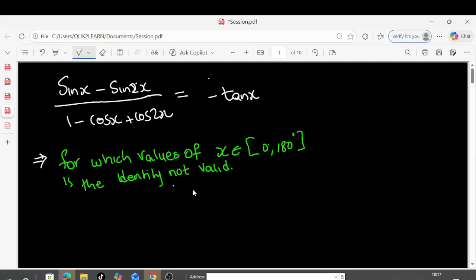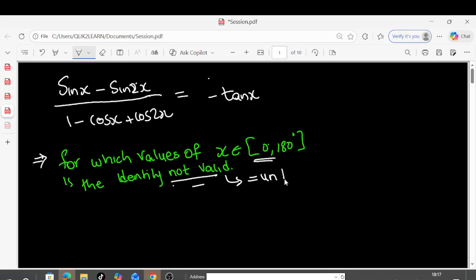Now, when they say for which values of x is this identity not valid, let's first explain what the question is saying. Not valid means undefined.